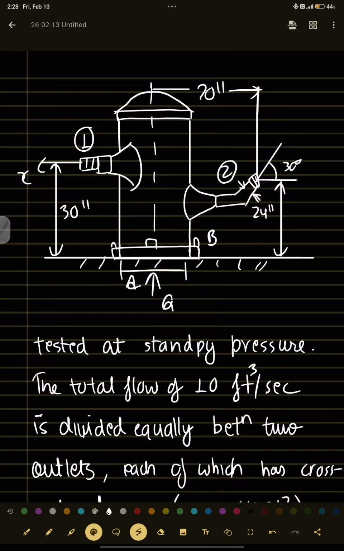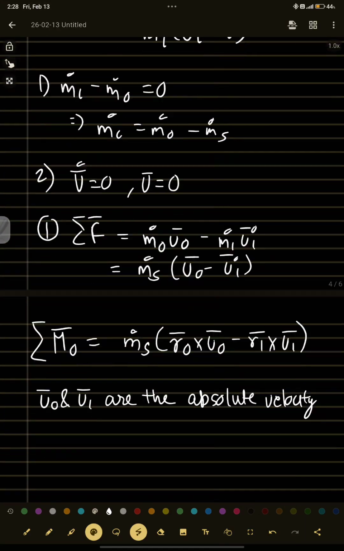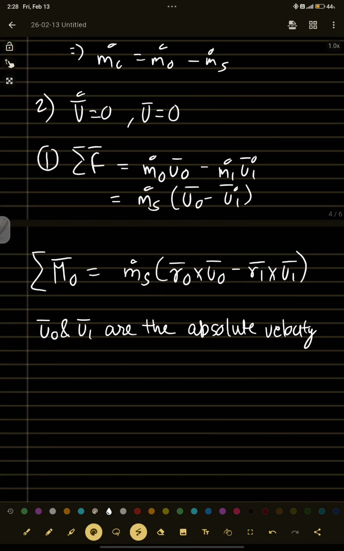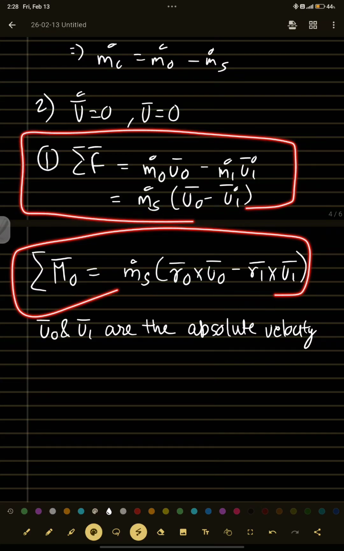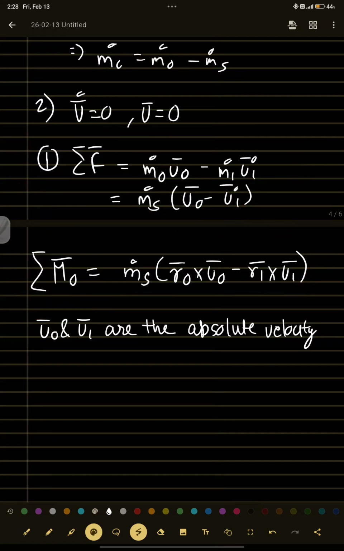So this container, is it fixed or moving? Fixed. So which equation you will use? Equation 2, it comprises of forces. So tension and shear will be given by this equation, and bending moment you will get from this equation.